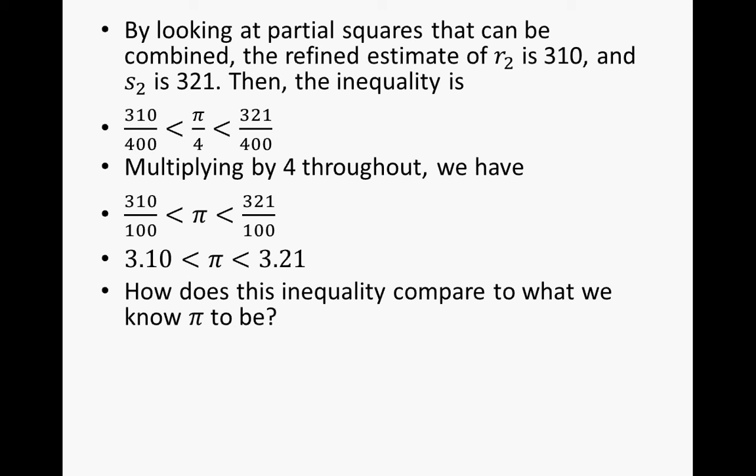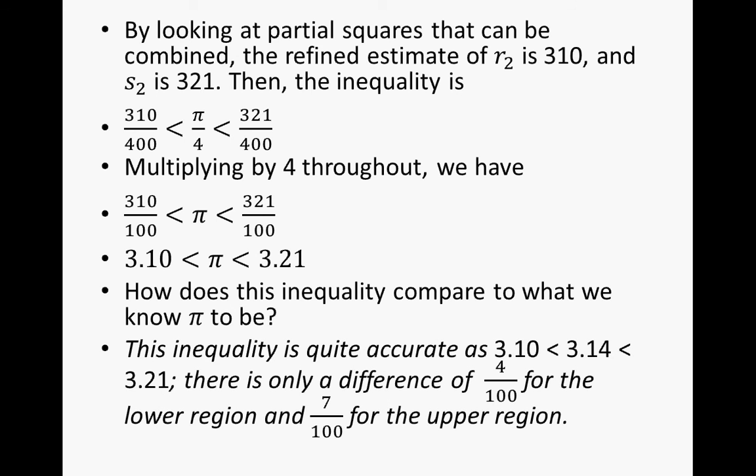And how does this inequality compare to what we know pi to be? Well, this inequality is quite accurate, as 3 and 10/100ths is less than 3 and 14/100ths, which is less than 3 and 21/100ths. There is only a difference of 4/100ths for the lower region and 7/100ths for the upper region.